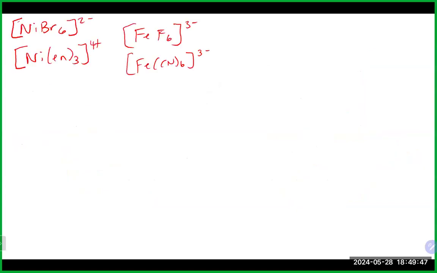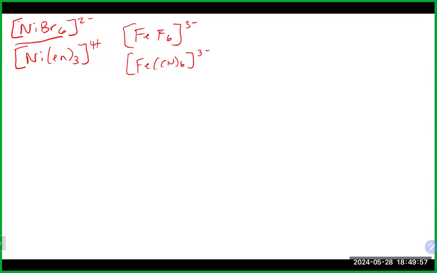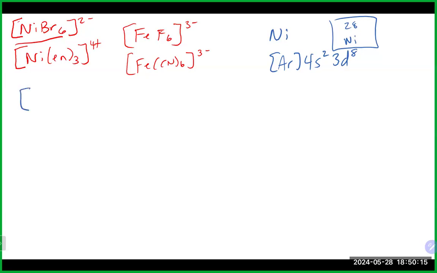To show you how this works, if we take a look at this one up here, we want to look at nickel, which is our transition metal, and nickel is number 28 on the periodic table. The electron configuration for nickel with no charge is argon 4s2, 3d8. Looking at this complex, we know that bromine is -1, and there are 6 of them, giving -6, and there's a -2 overall.